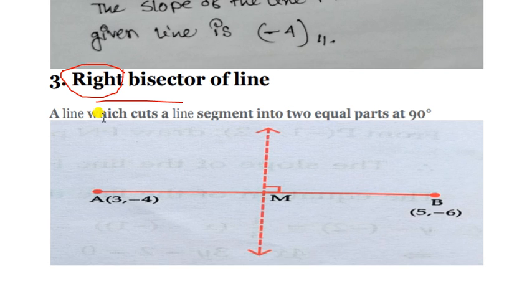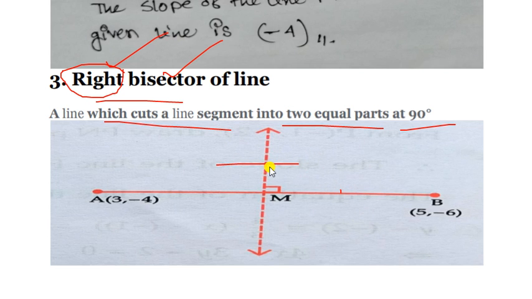See, a line which cuts a line segment into two equal parts, because it is given here bisector, and you know bisector means it will divide any line segment into two equal parts, and at which angle? 90 degrees. Why 90 degrees? Because right is given. Is it clear? So this line and this line must be perpendicular.